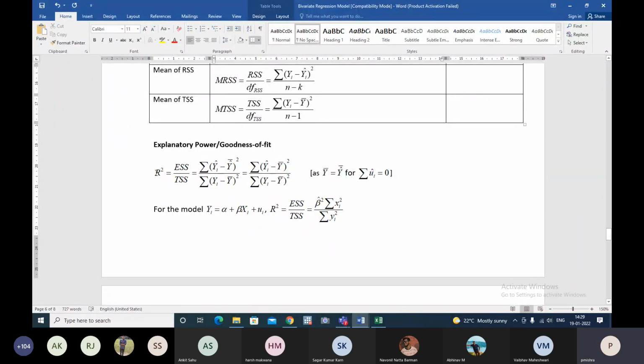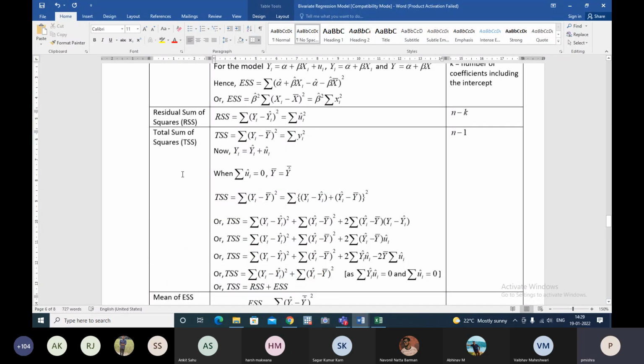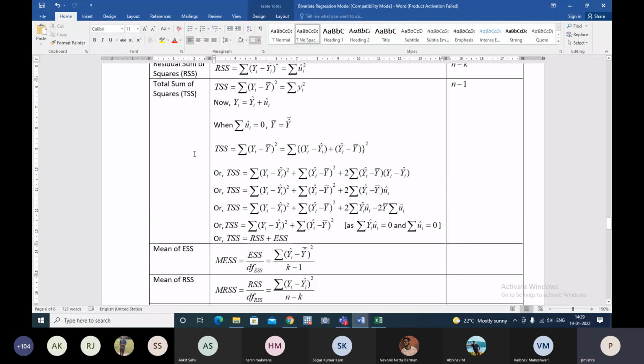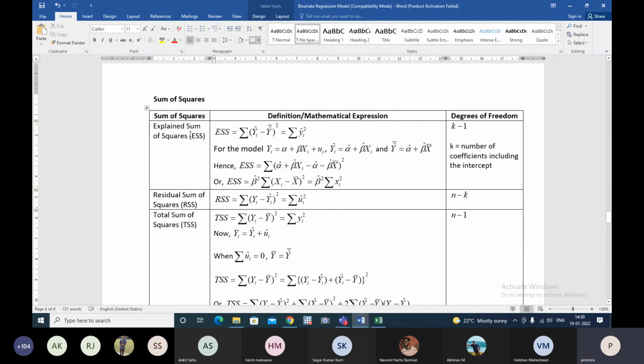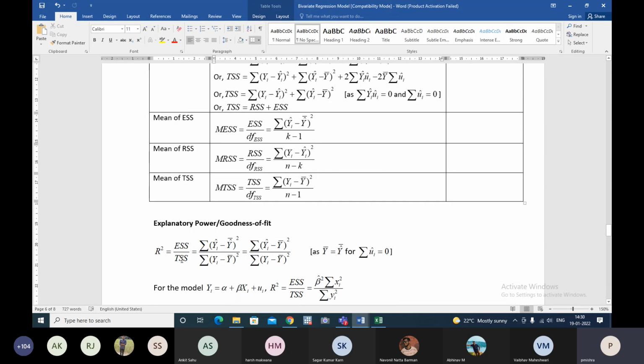What is R square? By definition, R square is explained sum of squares divided by total sum of squares. So you see, total sum of squares, I am just giving the abbreviation TSS, and explained sum of squares, that is ESS. So R square is nothing but ESS divided by TSS.